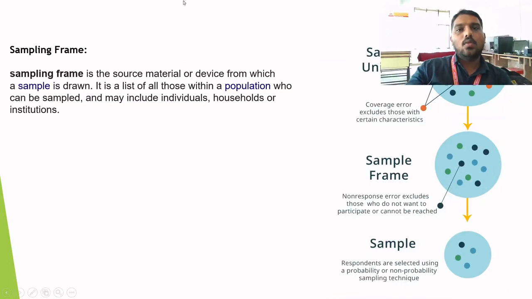So next, what does sampling frame mean? If you consider this figure, the first circle, which is larger, includes all the items, individuals or observations, and is called the universe or population. Sampling frame gives us a list of points which are included in the sample, depicted in the universe.